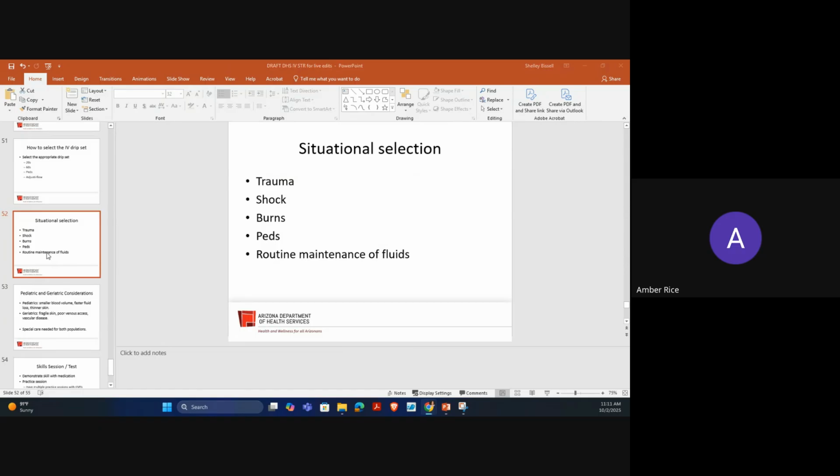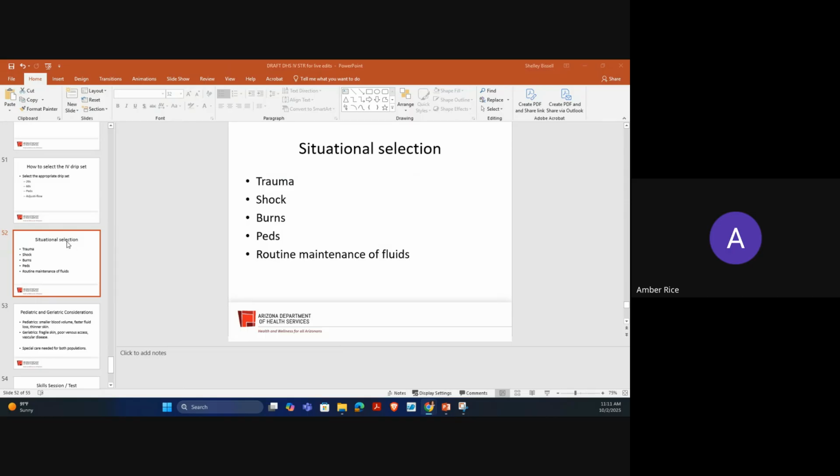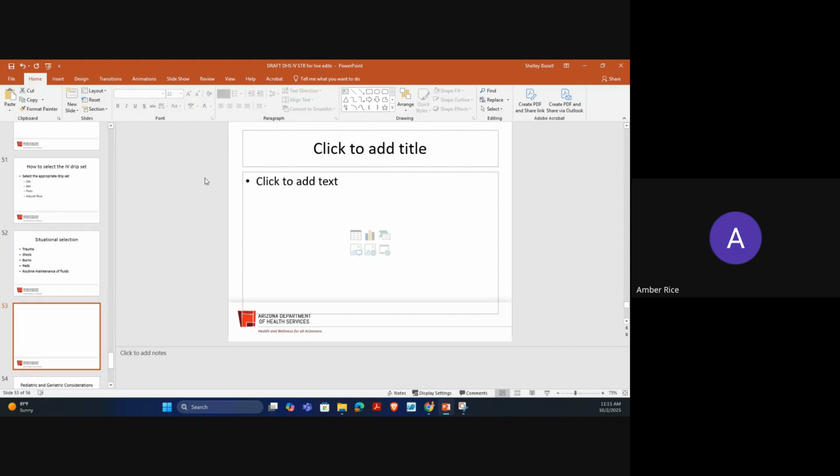So that's probably good for selecting the drip set, and then maybe make a slide on patient monitoring or patient reassessment, where we talk about avoiding fluid overload, continually reassessing the patient, checking blood pressure, and listening to lungs.